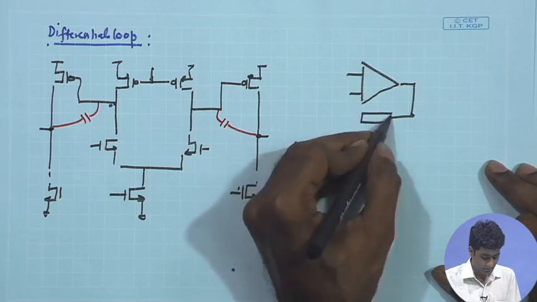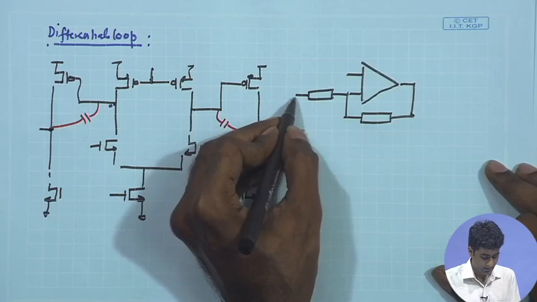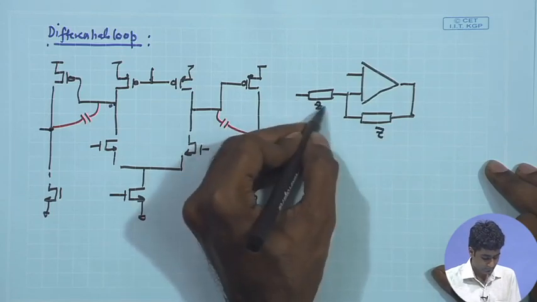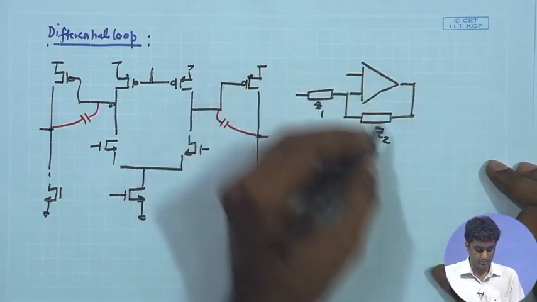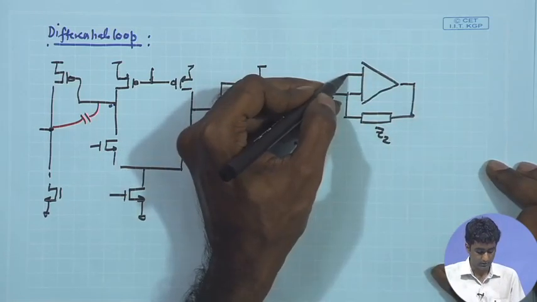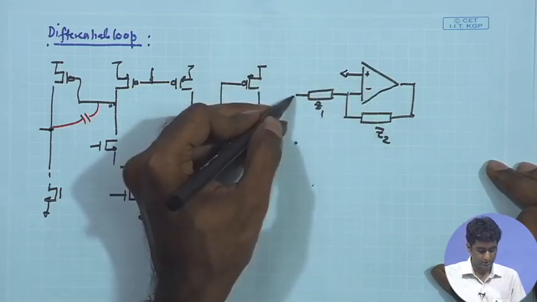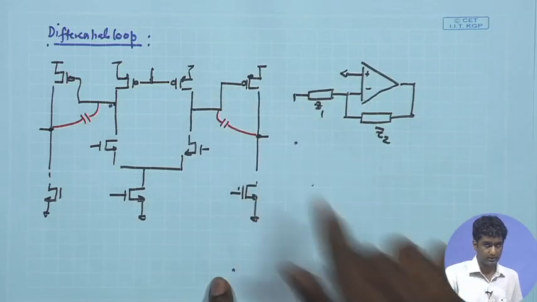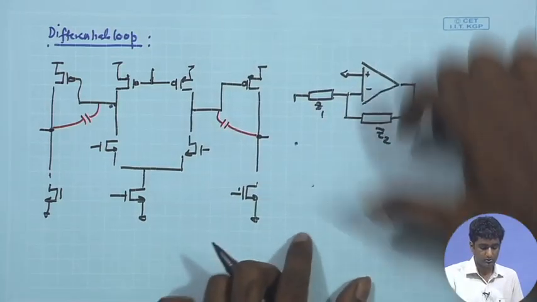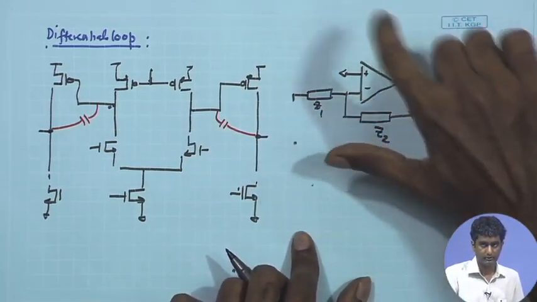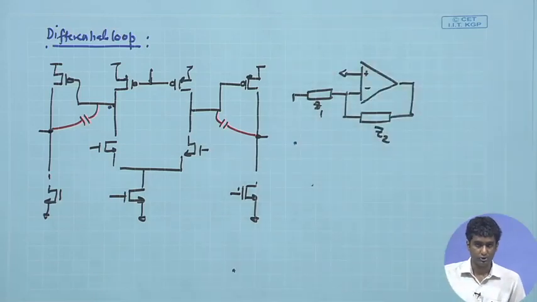So, assume that you have the feedback elements over here, Z1, Z2, and the ratio of Z2 and Z1 gives you the gain, and you are having the DC potential over here set to AC ground. So, this is the scheme, and you are having the input signal applied over here. This is a single ended version. Of course, for the fully differential version, you can draw the other path also. You have the plus minus output coming in, and you have the Z2 Z1 feedback from the other side also.